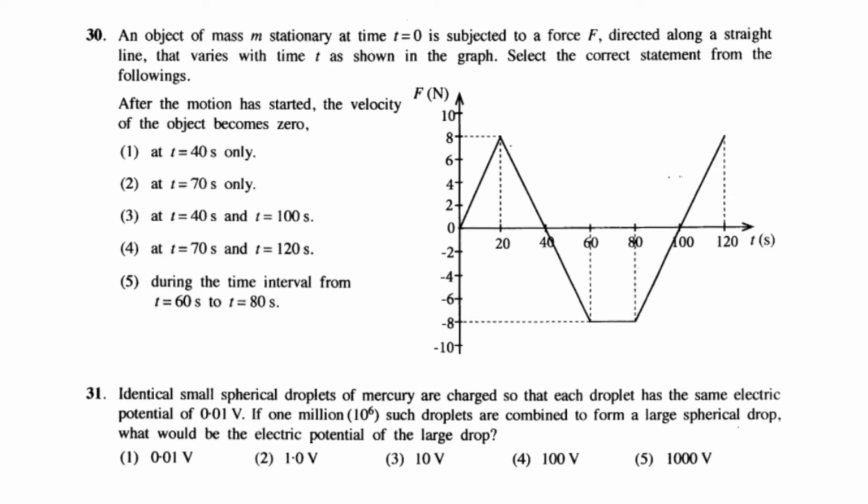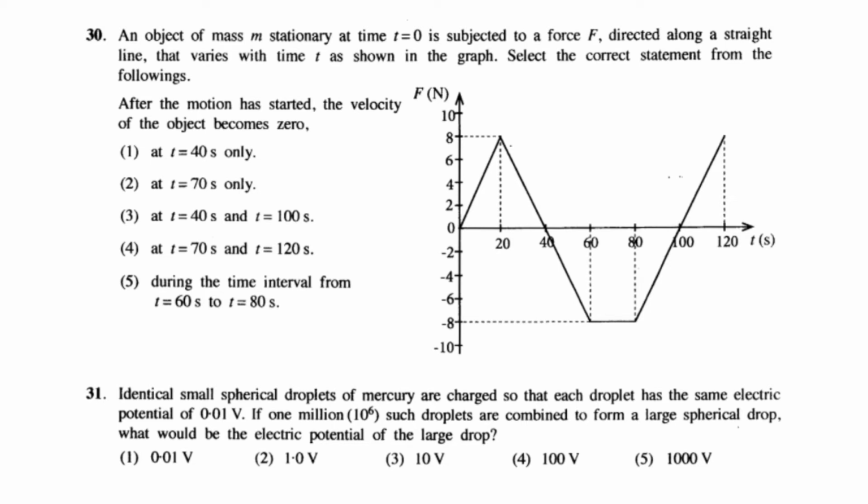Then the total area from 40 to 70 is 160, which matches the area from 0 to 40. So the total Ft, the total impulse, that is the algebraic sum of the impulse, becomes 0 at time 70. So one answer is 70 seconds.